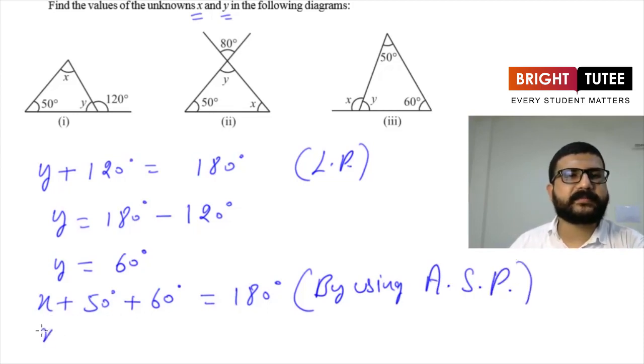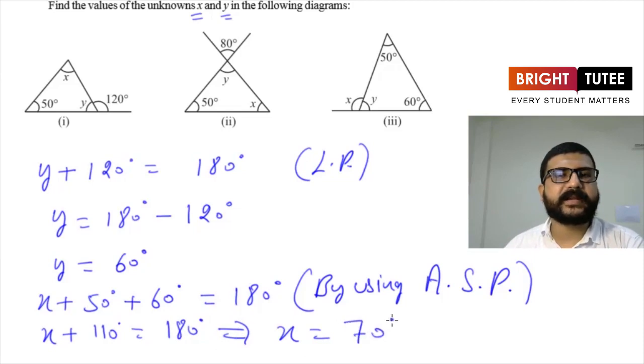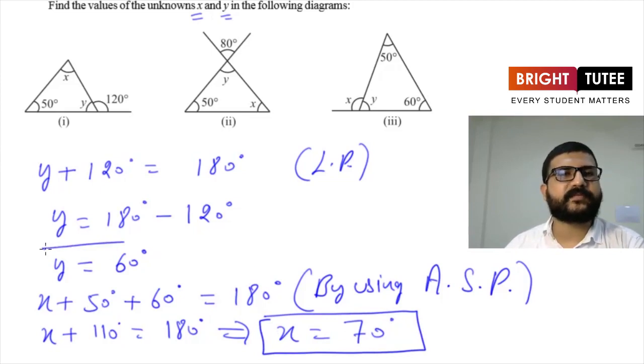Now by simplifying this, we will get x plus 110 degrees is equal to 180 degrees, and from here we will get x is equal to 180 minus 110 degrees, and that will be 70 degrees. So the value of x we are getting from here is 70 degrees, and the value of y is 60 degrees. Now let's move to the next part of the question.